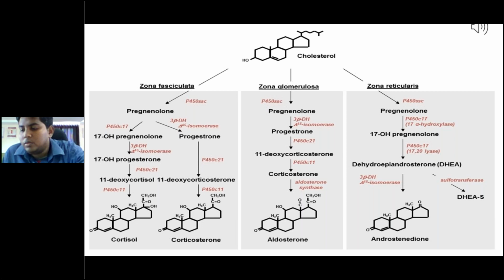Depending upon the secretory function, it is then converted to progesterone or to 17-hydroxypregnenolone. Zona glomerulosa secretes aldosterone, fasciculata secretes glucocorticoids, and zona reticularis secretes androstenedione.